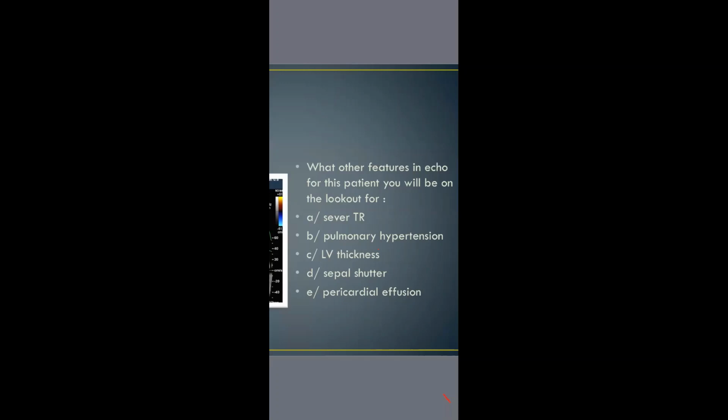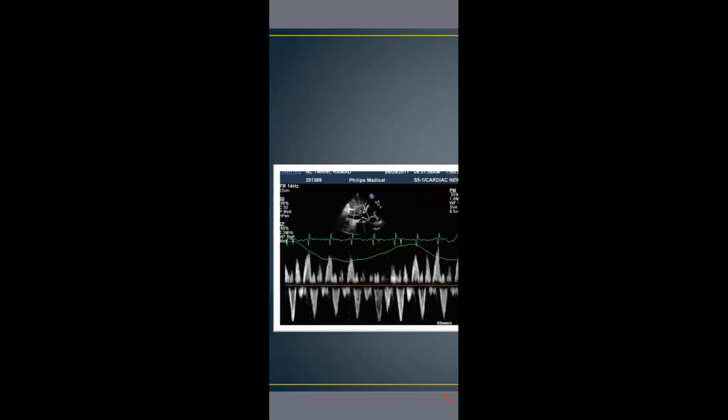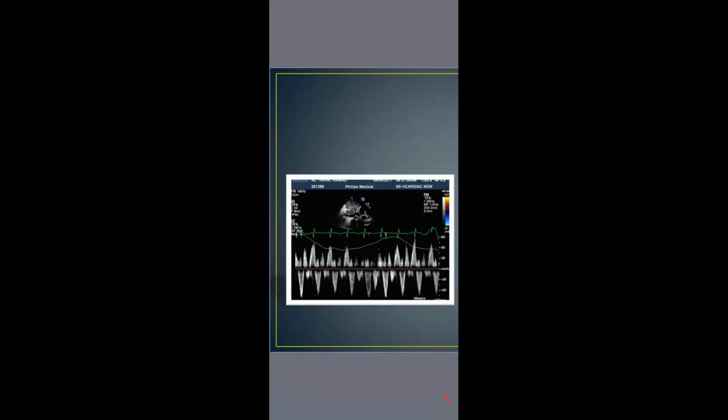Severe TR, pulmonary hypertension, LV thickness, septal shutter, pericardial effusion. If anybody of you can just describe the tracing in 3 words.